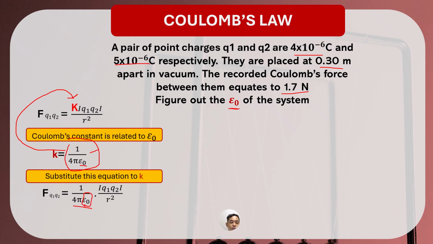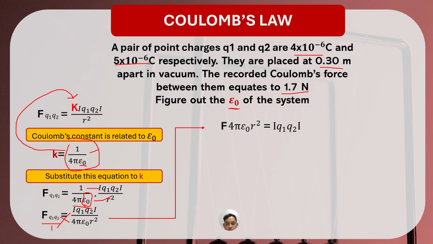The next thing we will do is to multiply numerator to numerator and denominator to denominator, and we can simplify it in this way. Next, we will cross multiply the 4 pi epsilon naught r squared and 1 multiplied by the product of the charges. So we can have this new equation now.